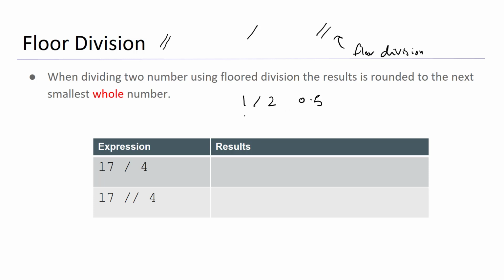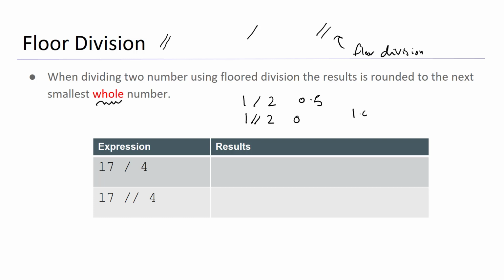However, in the floor division operator, the result is rounded down to the next smallest whole number. In this case, it's usually an integer if you're using integers, or it's a floating point number that does not have any fraction, or its fraction is just a 0. For example, if you take 1 and do a floor division over 2, what you should get is basically 0.